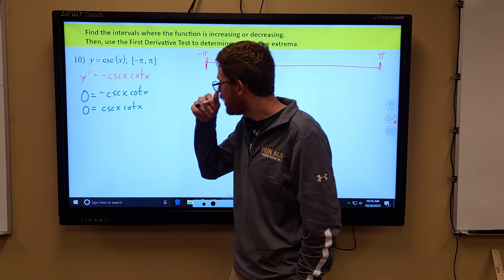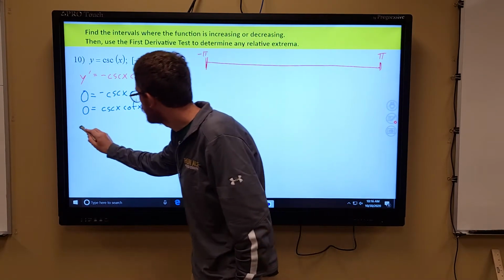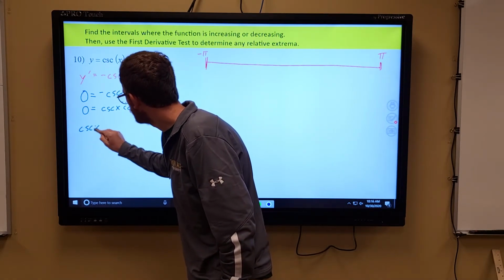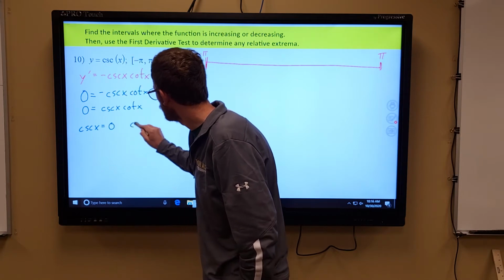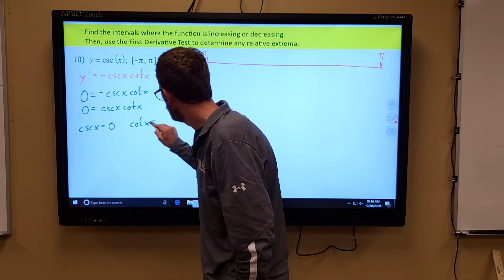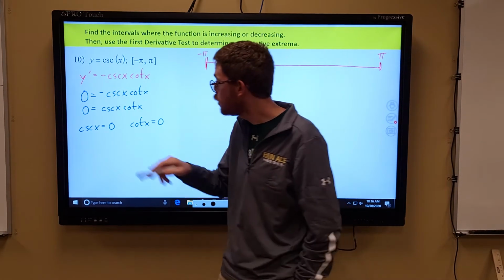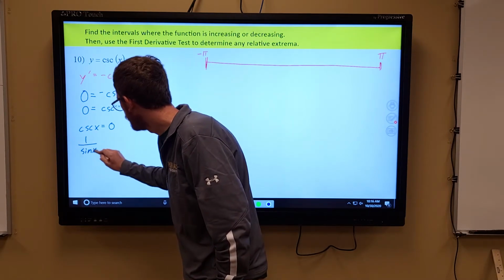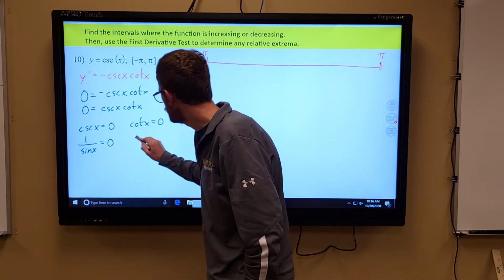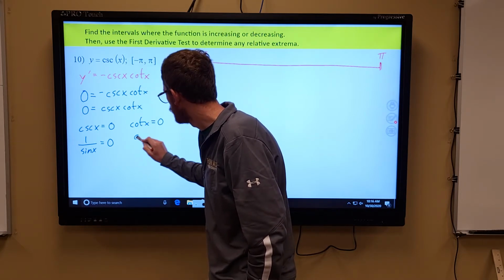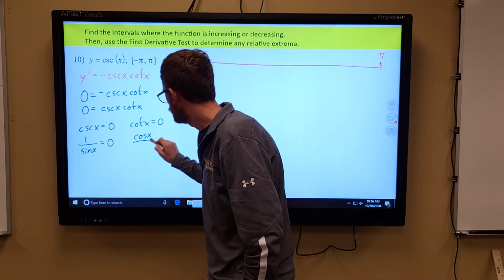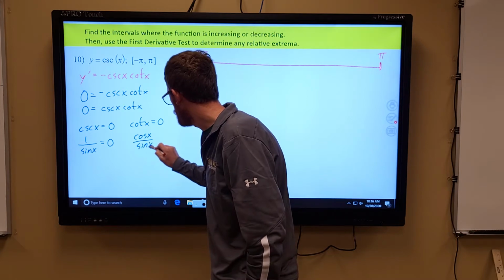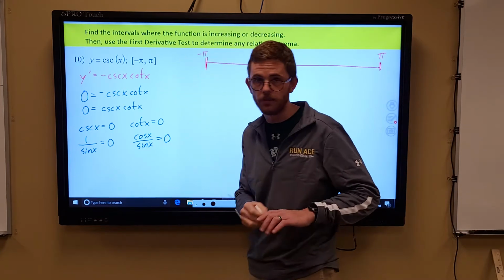And I can apply the zero product property now, thinking about when cosecant of x equals 0, when cotangent of x equals 0. Cosecant, of course, is 1 over sine. Cotangent of x is, of course, cosine over sine.